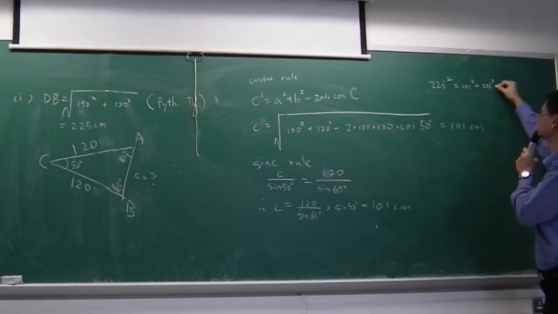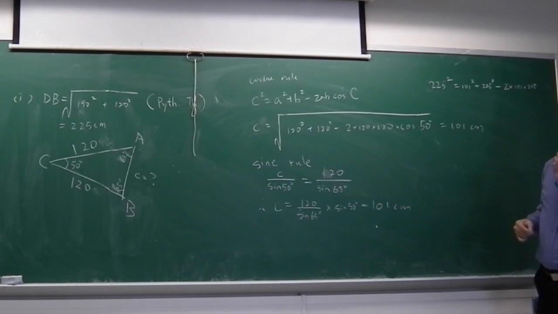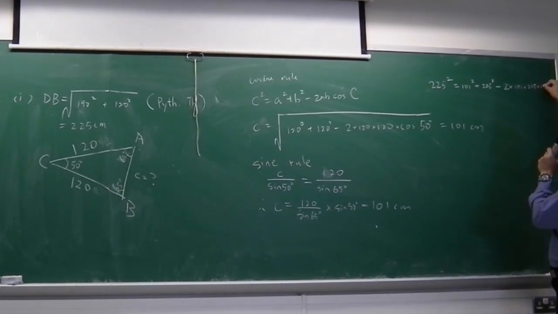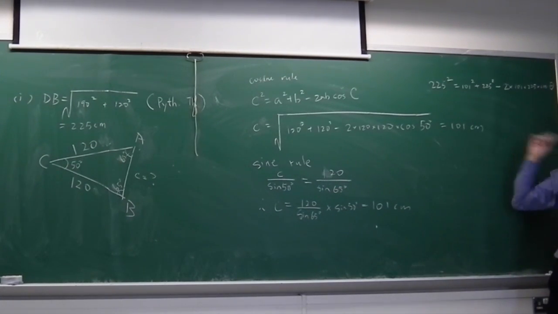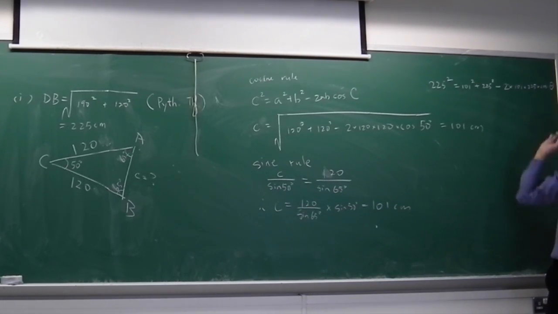And then subtract 2 times 101 times 225, this and that multiplied together, and then times cosine the angle we are going to find. So that is the cosine formula. So in the whole expression, only theta is unknown, the three sides are known, so we will be able to find out the value of theta.